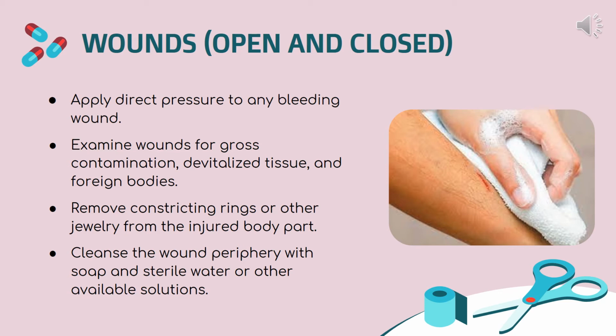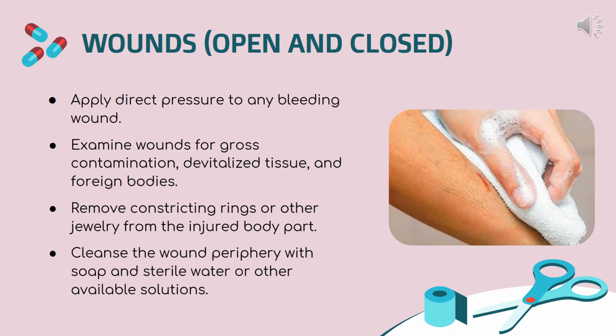Moving onwards, examine wounds for gross contamination, devitalized tissue, and foreign bodies. This is so that once you have identified them, they may be dealt with accordingly. Then, remove constricting rings or other jewelry from injured body part.